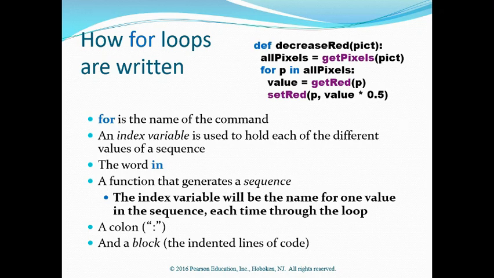You're saying each object, and you're saying what the container object of it is, which in this case we have each pixel p in the list of all pixels. A function that generates a sequence. The index variable will be the name for one value in the sequence each time through the loop. Then we have a colon, and then a block, the indented line of code.